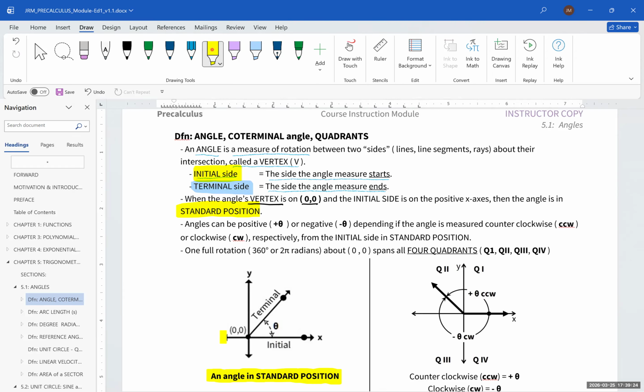You can see that the initial side of the angle is on the x-axis, and the terminal side intersects the initial side at the point 0, 0, which is the vertex of the angle. The angle is the measure of rotation from the initial side to the terminal side.